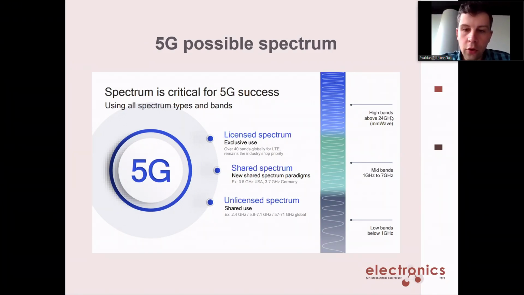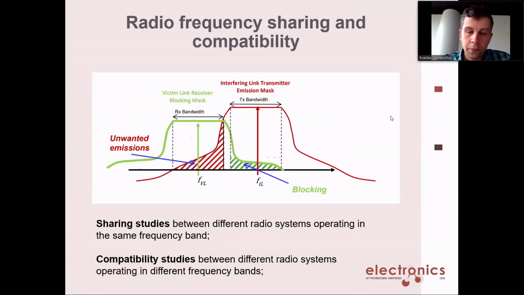When you present a new technology, you need new frequency bands. So the 1.5 gigahertz frequency band could be an additional part of spectrum for every mobile operator to ensure the requirements from their clients and communication authorities.